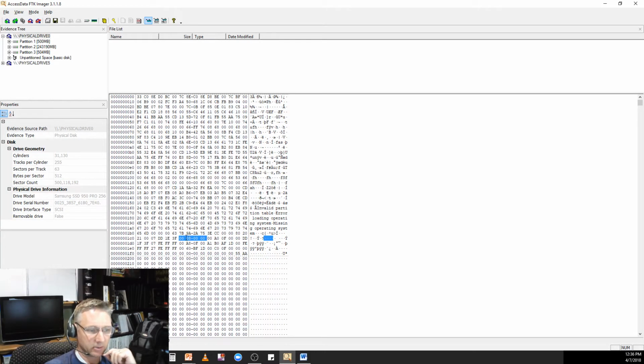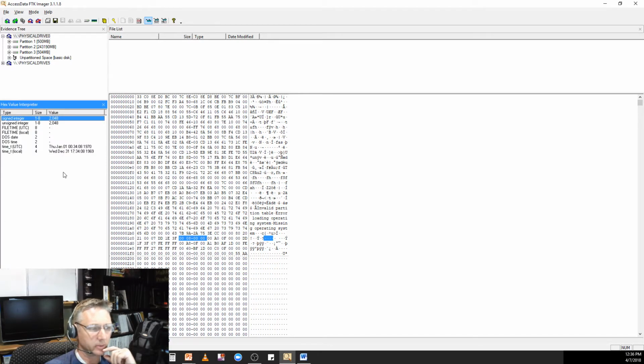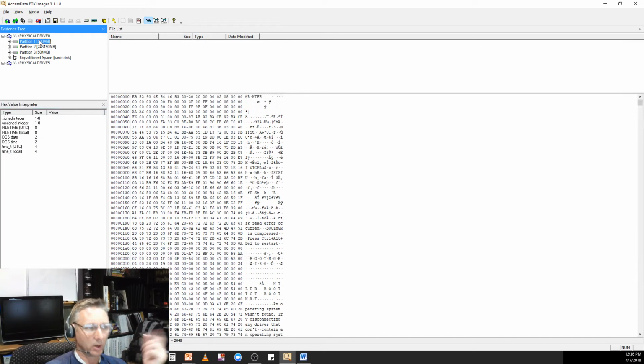There it is, 800, highlighted in little endian. If I go to my hex value interpreter, it tells me right there that the value of 800 is 2048. What is that again? That's the starting sector of this partition, which we already confirmed.